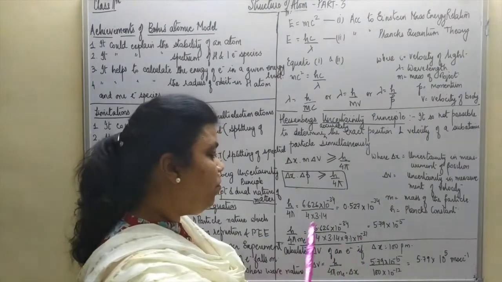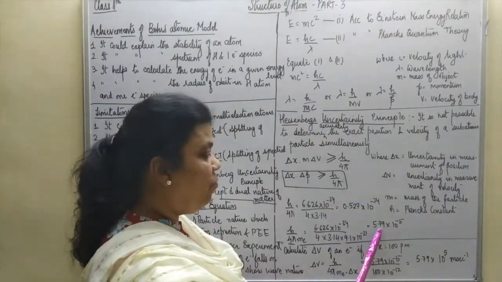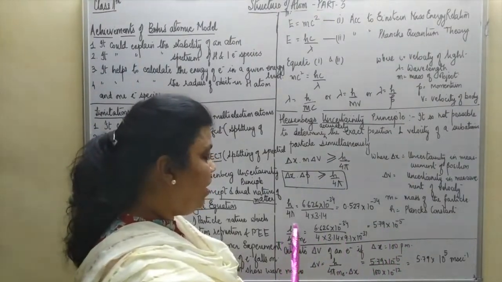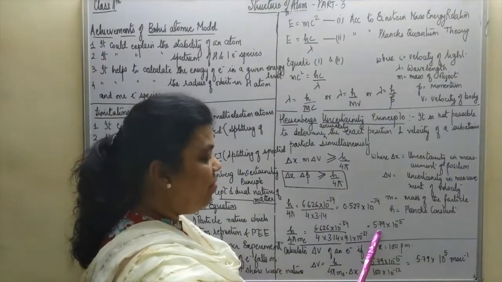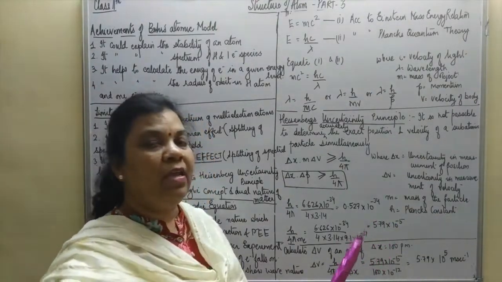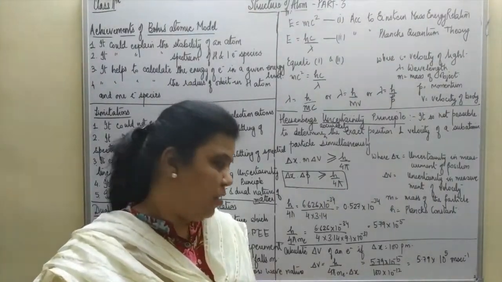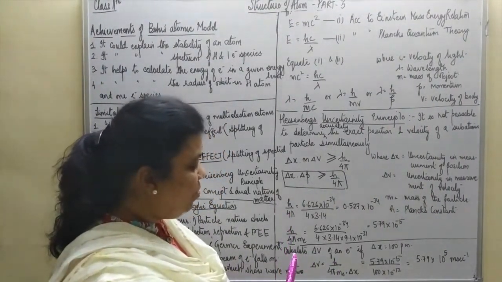On solving for all these constants, we get 5.79 into 10 to the power minus 5. So directly you can apply the value 5.79 into 10 to the power minus 5, again to ease out your calculation. So let us practice one numerical.